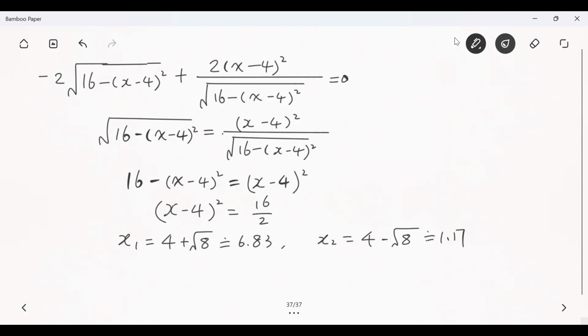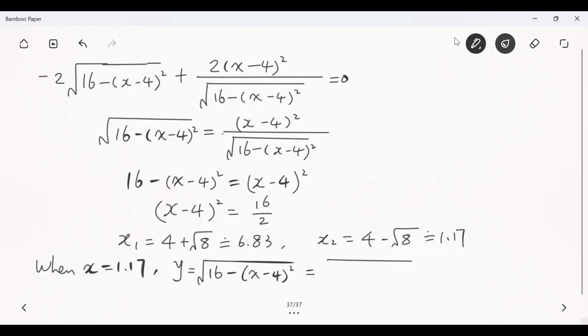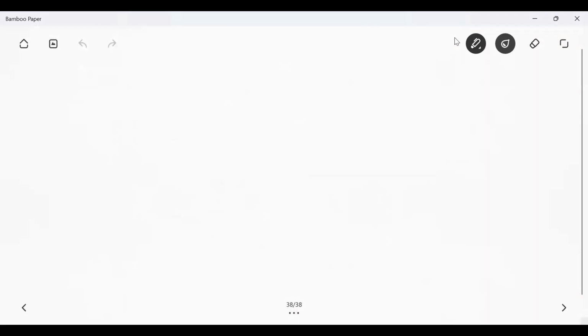Then we calculate the value of y when x equals 1.17. y is the square root of 16 minus (x minus 4) squared, and put 1.17 in. The answer is about 2.83. Then we get the 4 points.